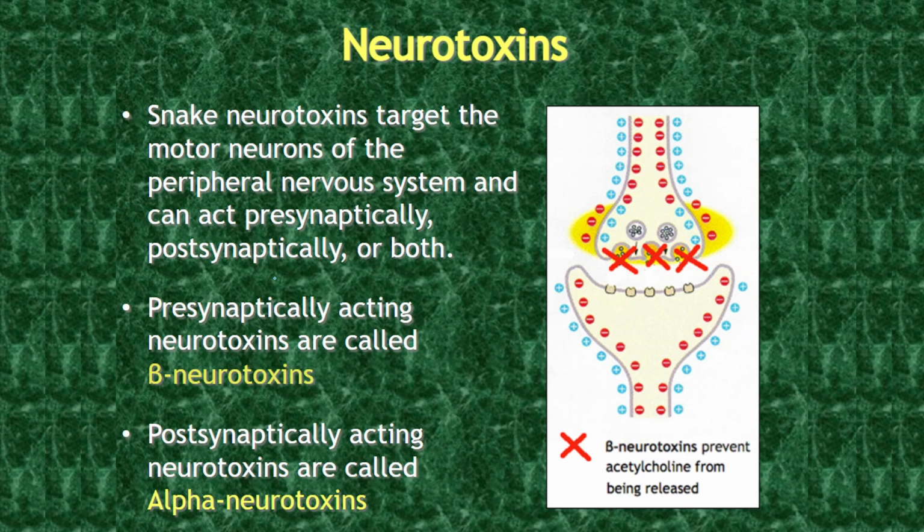We discussed earlier that neurotoxins target the motor neurons, and there are two different kinds of neurotoxin: beta neurotoxin and alpha neurotoxin. Beta neurotoxins act presynaptically, and alpha neurotoxins act postsynaptically.